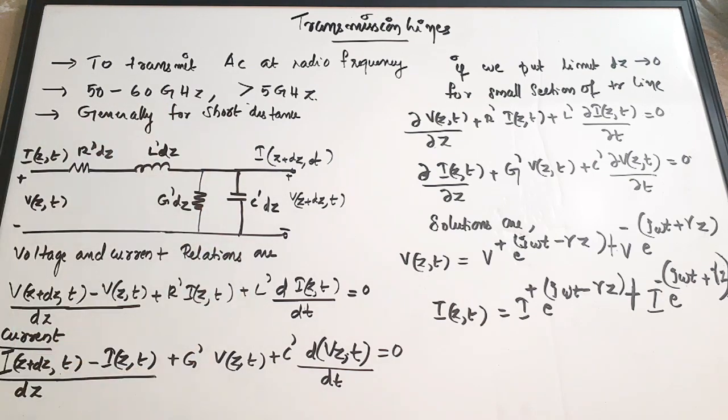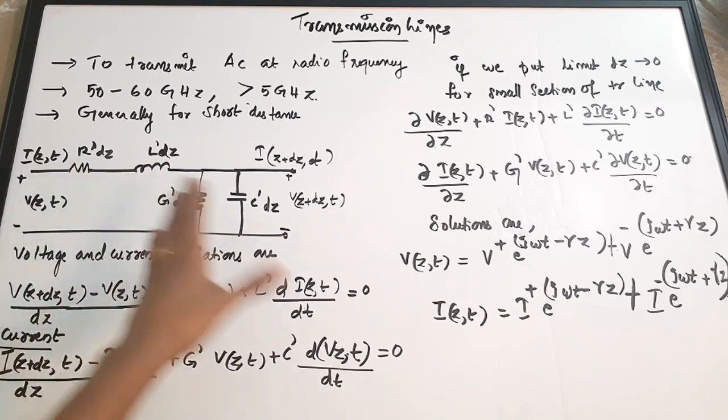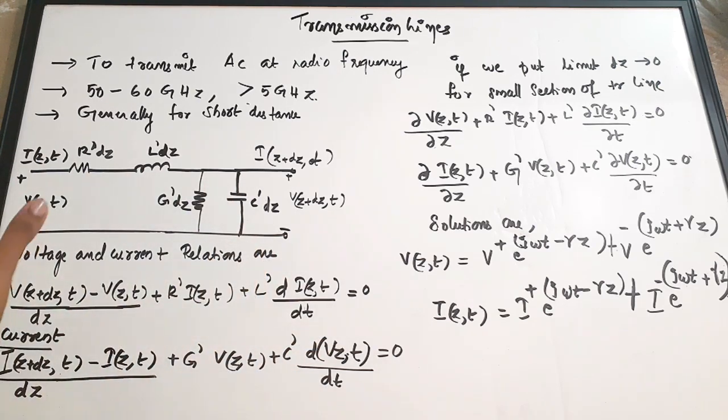All these elements are used to represent a transmission line in network form. We can derive the voltage and current equations in terms of these basic components. These components affect the voltage and the current, right? So we can write the voltage equation and the current equation in terms of these components.